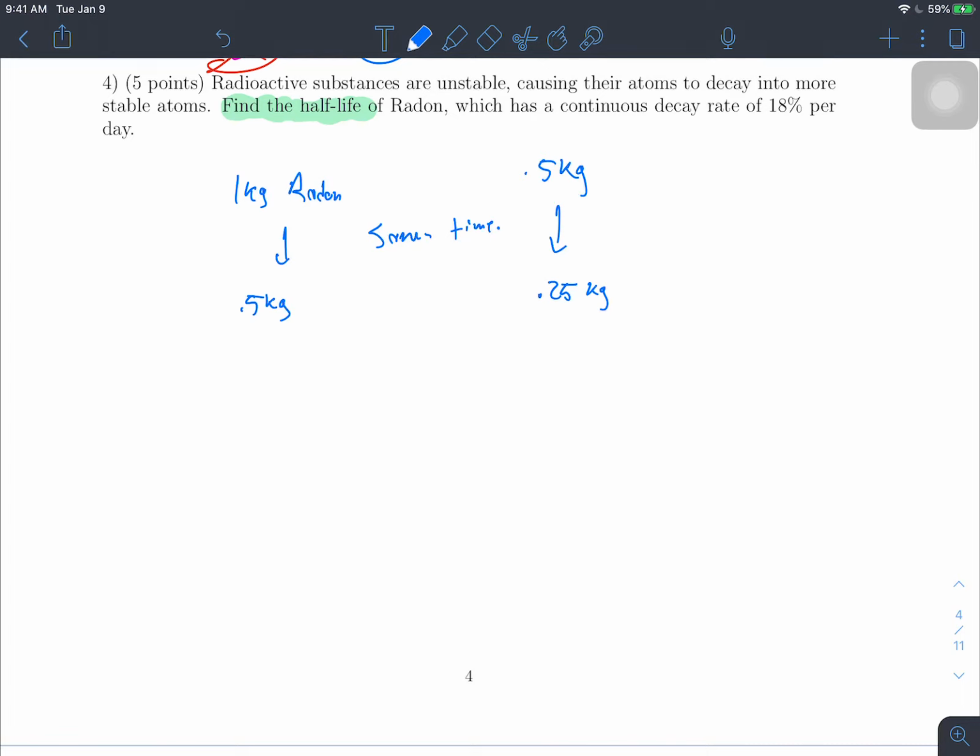So we know that we can measure the amount of radioactive substance left using a continuous decay model.